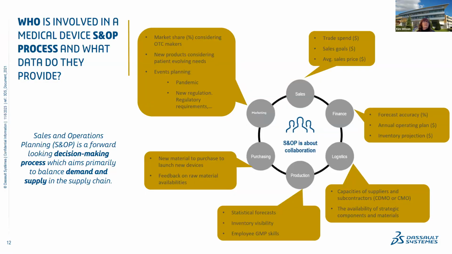So who actually is involved in pulling all the data together so that you have everybody's viewpoint represented? It's all about collaboration. So as you can see in this chart, we've got sales and marketing, finance and logistics, and purchasing and production.